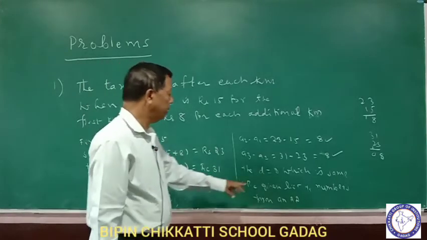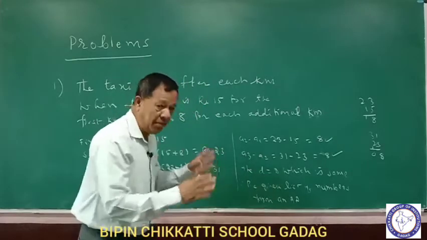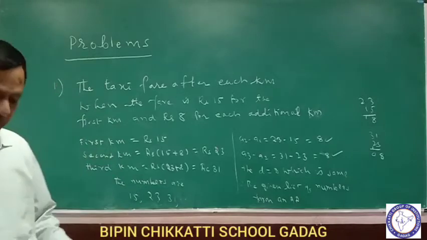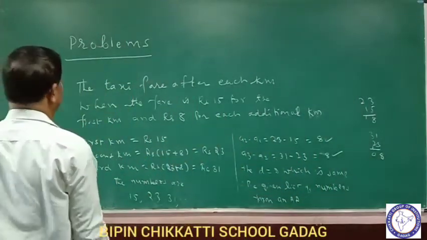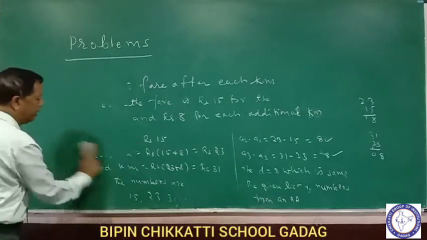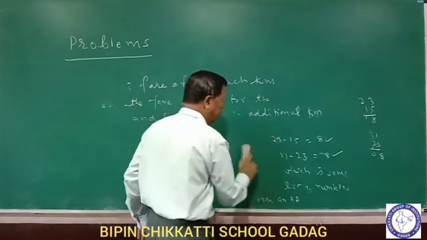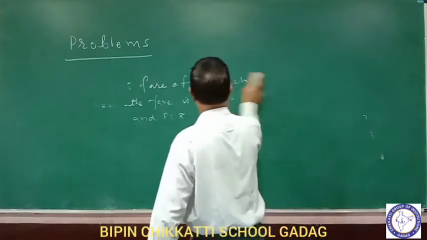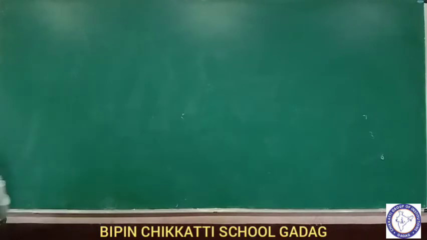If that common difference is different, then definitely it is not an AP. So in this problem, the taxi fare that we have seen is an AP. Similarly, we will see different situations in which you have to check whether that list of numbers forms an AP or not.